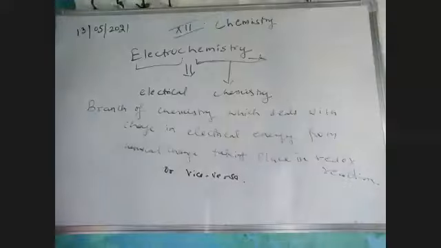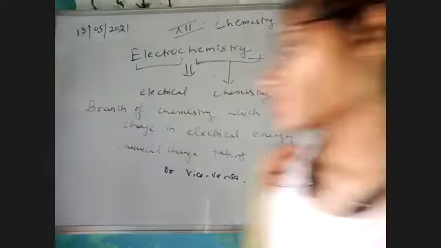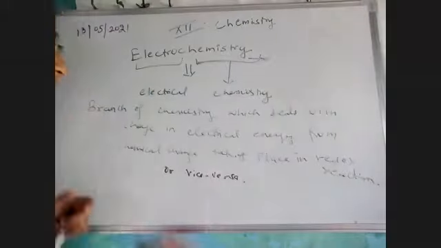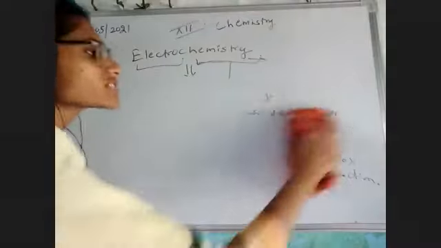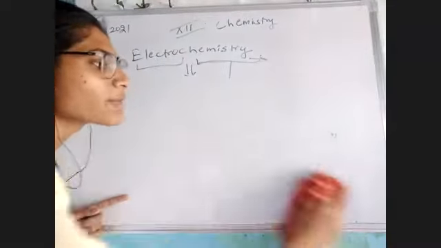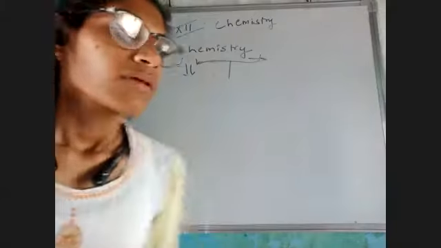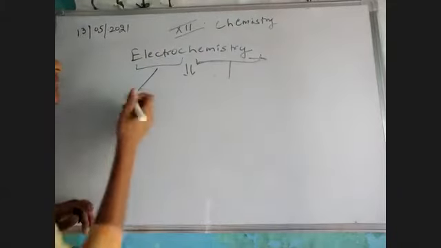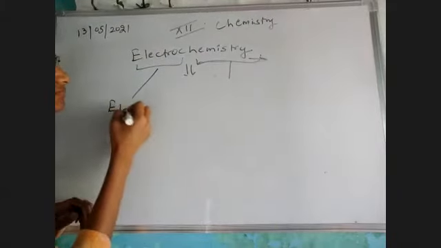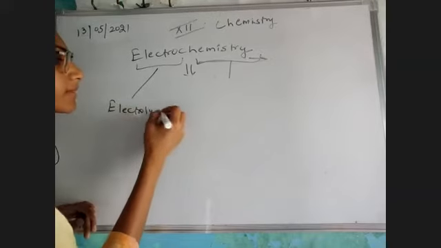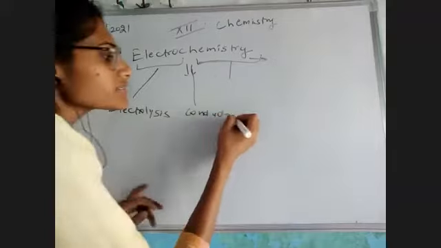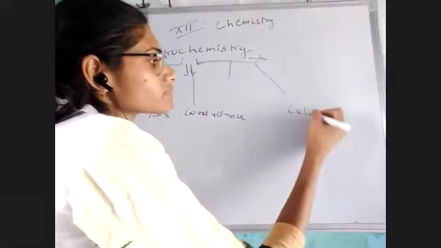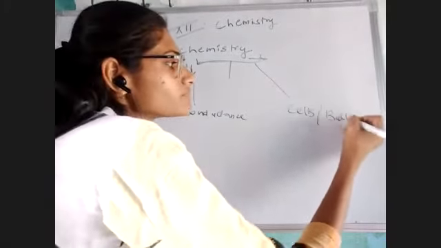Now the point is, I have told you the basic definition of electrochemistry. What are the actual topics that we're going to discuss in this chapter? It is a very vast, very big topic. But in short, I can divide electrochemistry into three particular topics: electrolysis, conductance, and the last one is cells, or we can say batteries also.